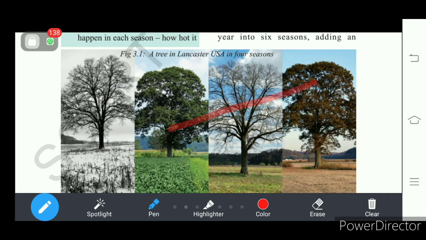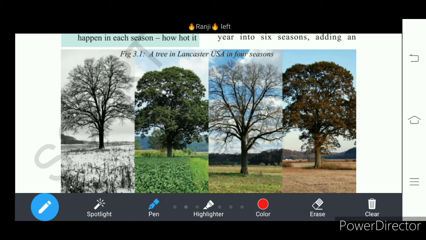See here, have you identified the changes taking place in your surroundings in a year, right? That is, in a year, we identify that flowers are coming and fruits are ripening, plants are growing. All these changes we see here, right?